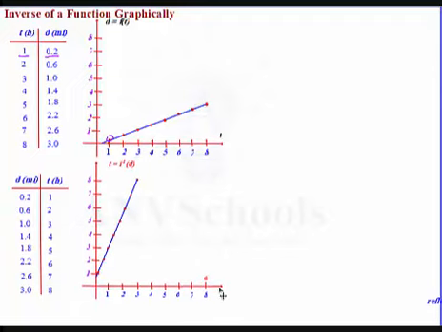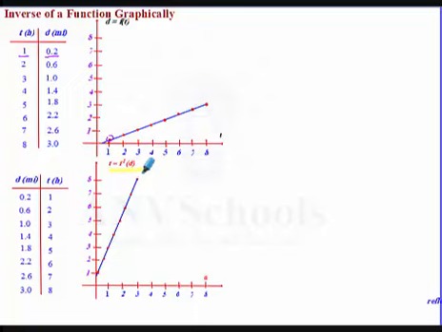Notice the shifting: for the graph on top, t is on the t-axis, but now the t-axis is on the vertical side.